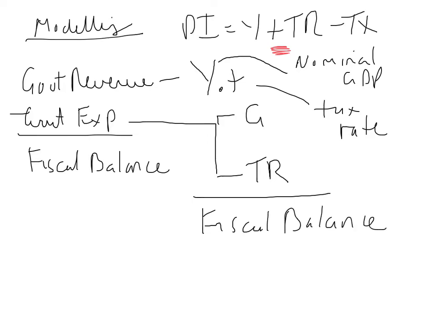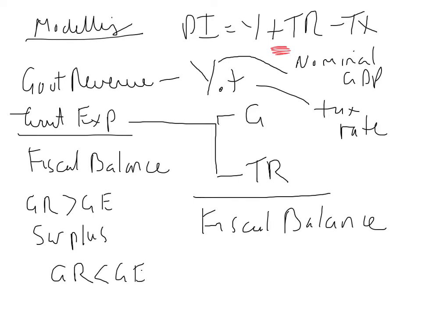Now, if government revenue is greater than government expenditure, the balance is going to be a surplus. If it's the other way around, if government revenue is less than government expenditure, then the fiscal balance is going to be in deficit.